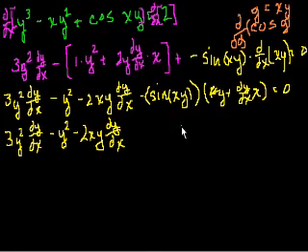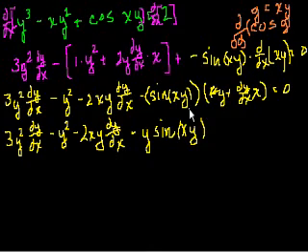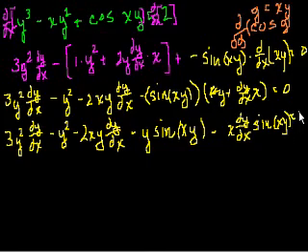This is just a 1. So it's minus y sine of xy minus x dy dx sine of xy. I'm just simplifying. This is just algebra. Is equal to 0.